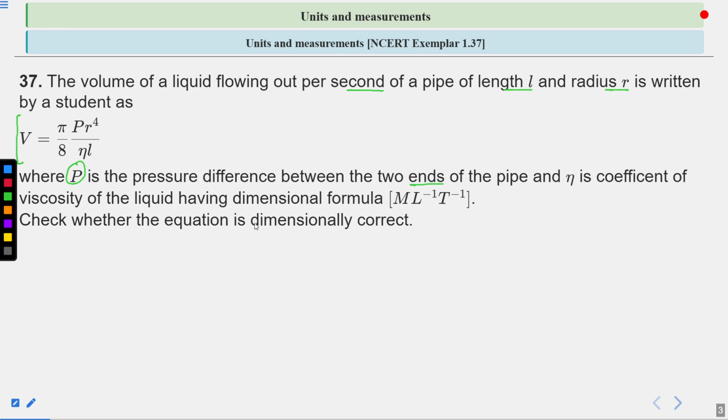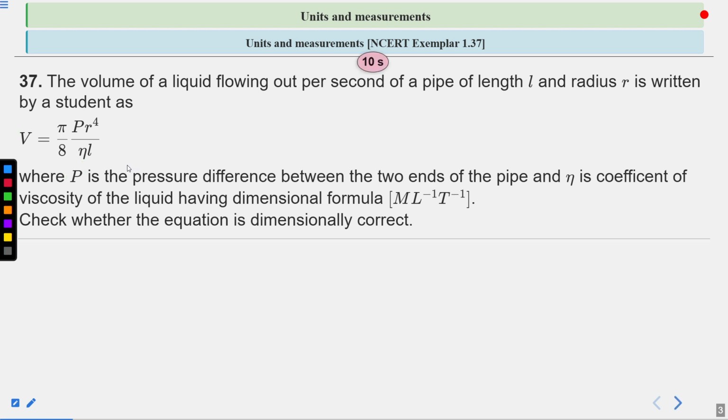Check whether the formula is dimensionally correct. It means you have to find out whether the given formula of the volume of liquid is dimensionally correct or not.